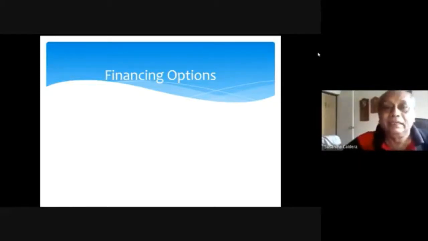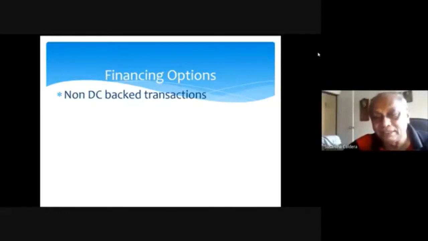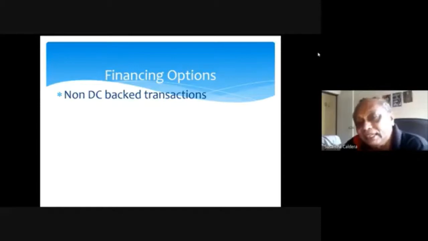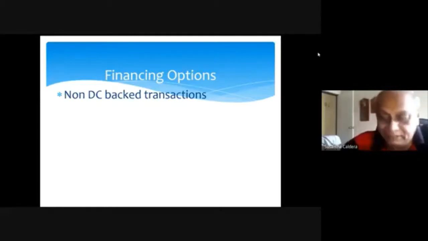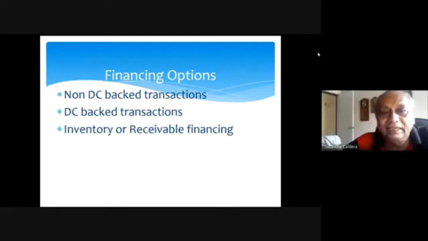The financing options in international trade you can categorize for non-DC backed transactions. Non-DC backed transactions can be collection bills. Then DC backed transactions, LCs. How we are financing. Then inventory or receivable financing.